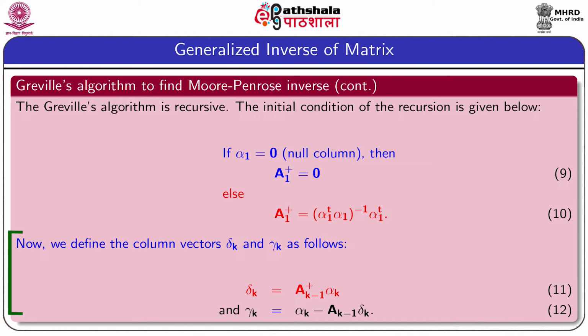Now, we define two column vectors, one called delta k and the other called gamma k. Delta k equal to the Moore-Penrose inverse of the submatrix A k minus 1 into alpha k, and gamma k is defined as alpha k minus A k minus 1 into delta k.